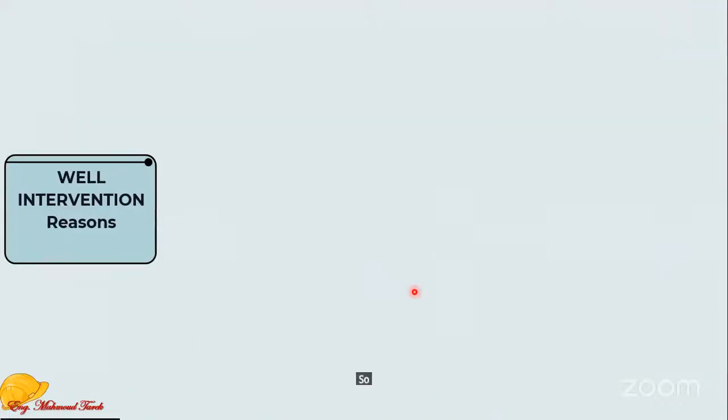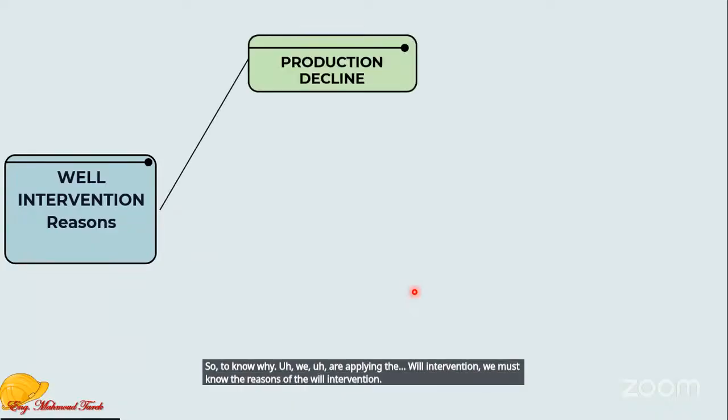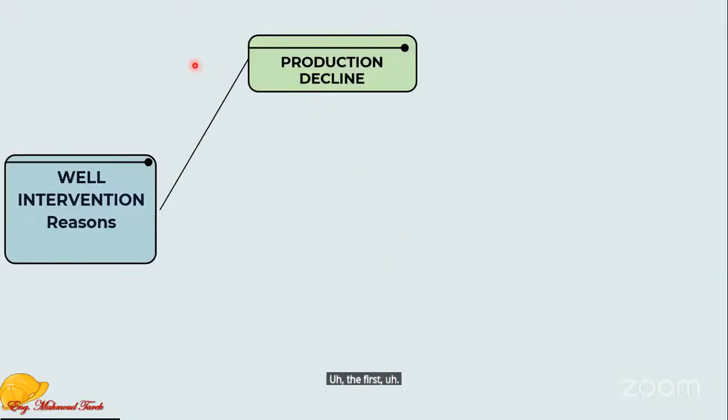To know why we are applying the well intervention, we must know the reasons for the well intervention. The first reason is the production decline.